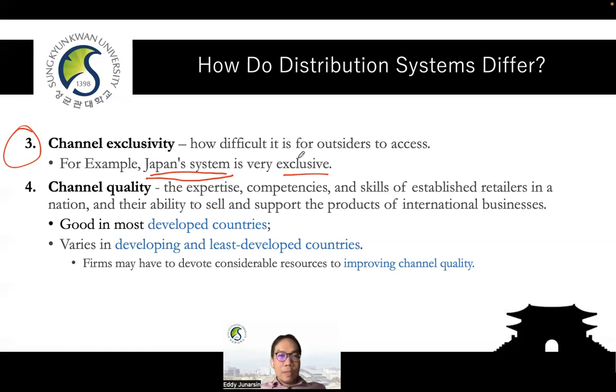So it's obviously more difficult, right? If you're an outsider and you try to get the exclusive rights of selling a particular brand or particular product there, because that's how it works. The exclusivity is high.